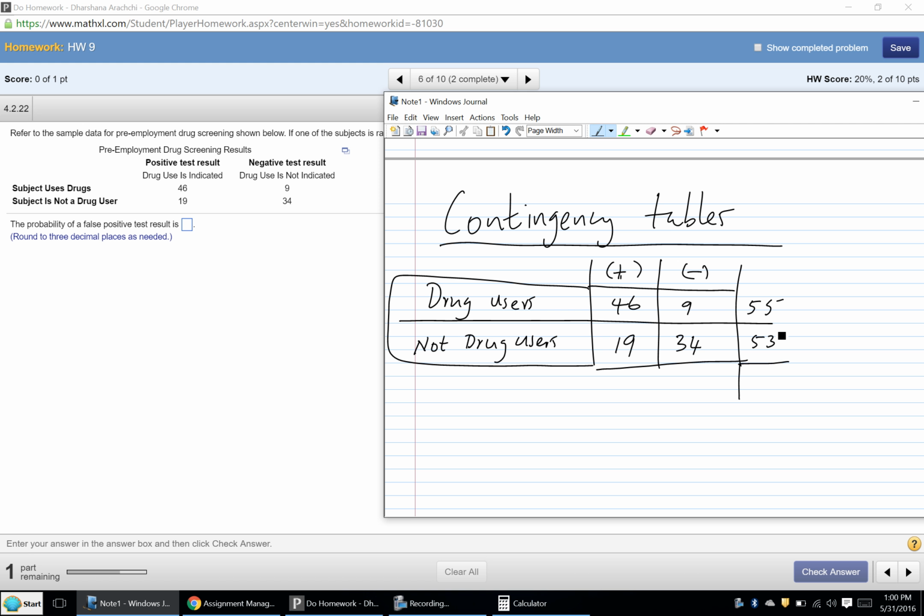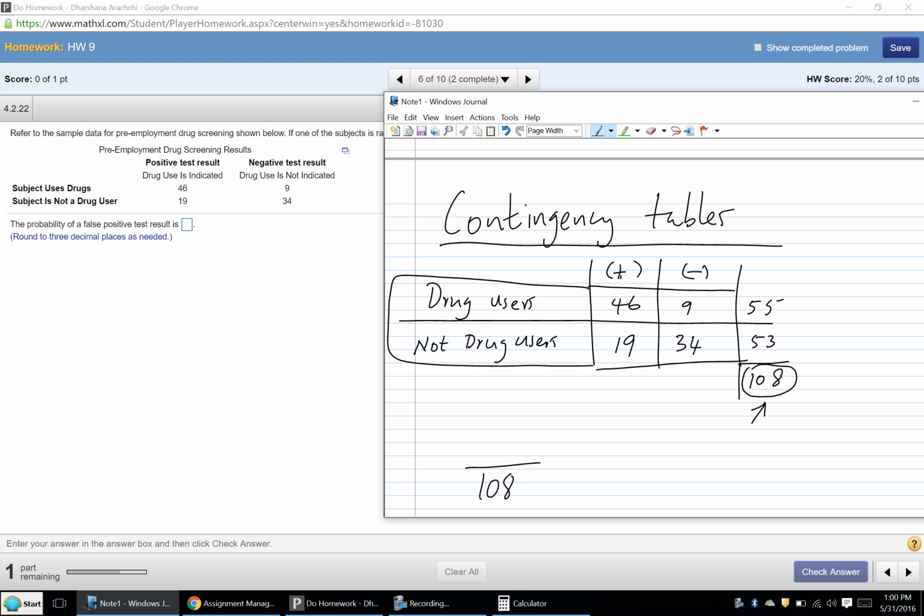So totally we have 108 subjects, so they are selecting 1 out of 108 subjects, right? So the sample space contains 108 outcomes.